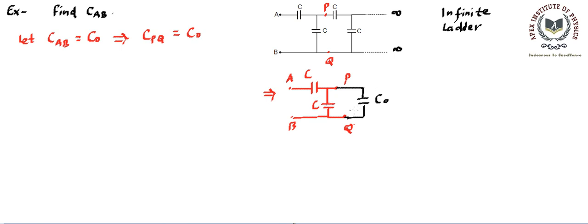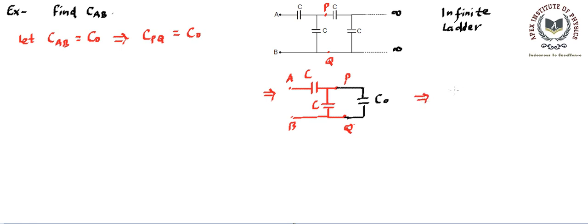If we solve this and find the equivalent across A and B, it will also be equal to C naught, as we assumed initially. So let's try to solve this. First, C and C naught are going to be in parallel, so this can be reduced.